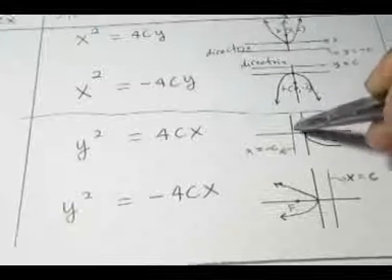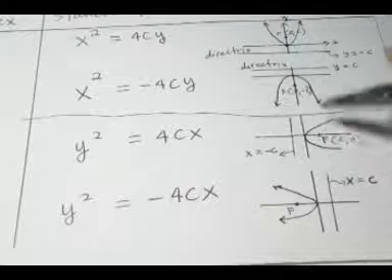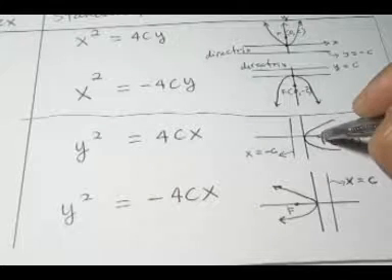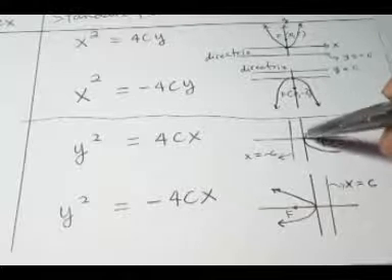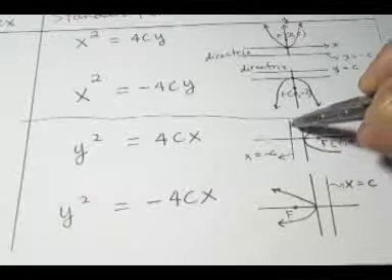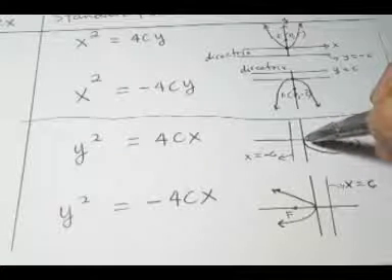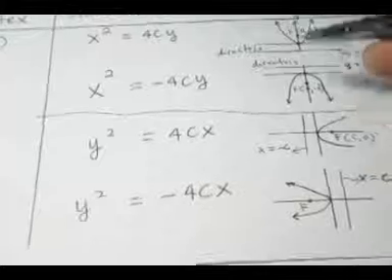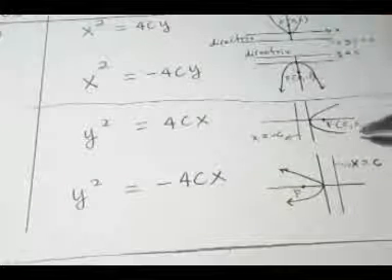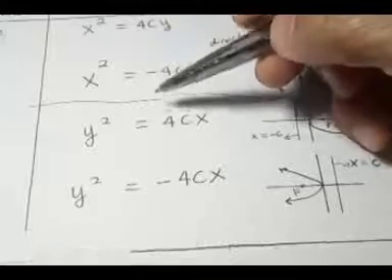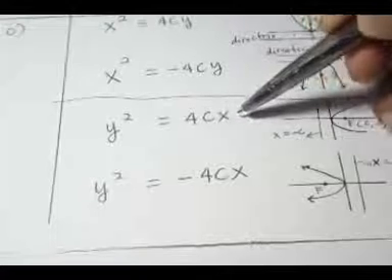Take note that the focus F has the same distance to the vertex as the directrix has to the vertex. Okay, so with this parabola, whose orientation is open to the right, its corresponding standard form is y squared equals 4cx.